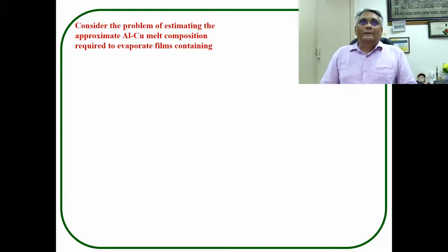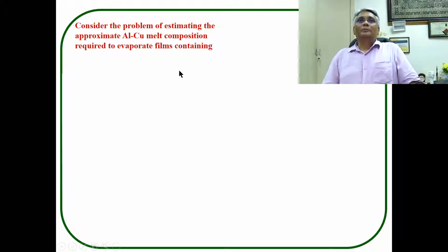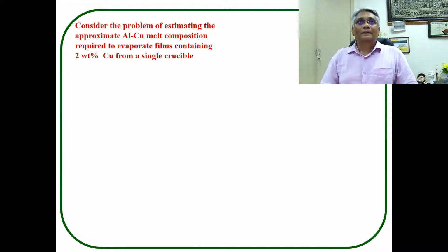Okay. Now let's consider the problem of estimating the approximate aluminum copper melt composition required to evaporate films containing 2 weight% of copper from a single crucible. It's a simple example. So I have an aluminum copper alloy, right? Now I have the melt composition.